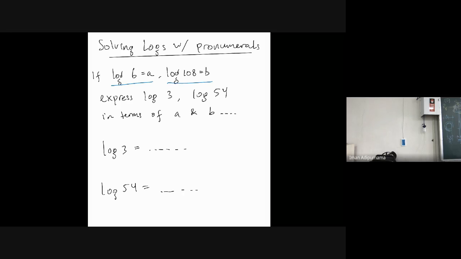It should be log 108, right? So 108 and it's B. So B minus... but you need to change also this one into A and B. So you need to remove any number.